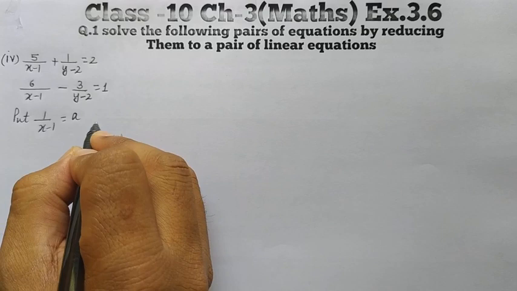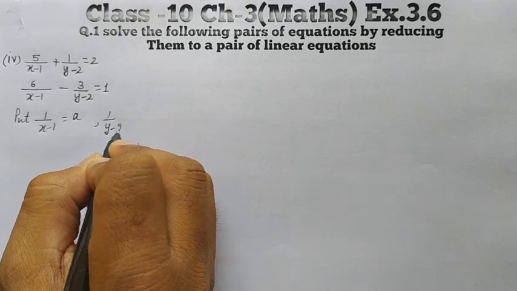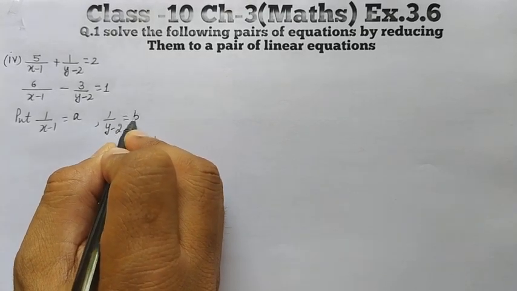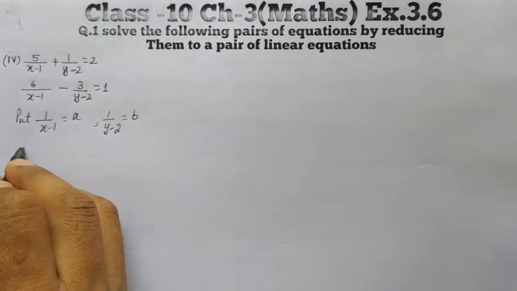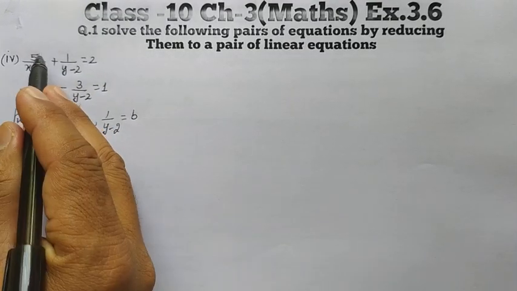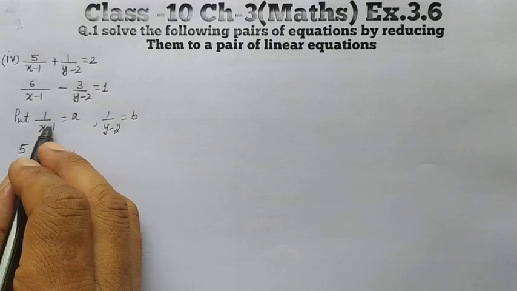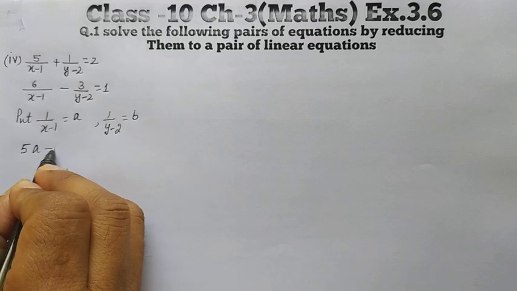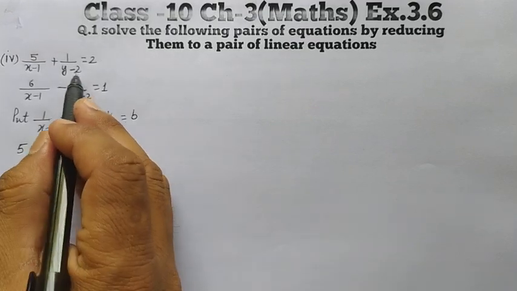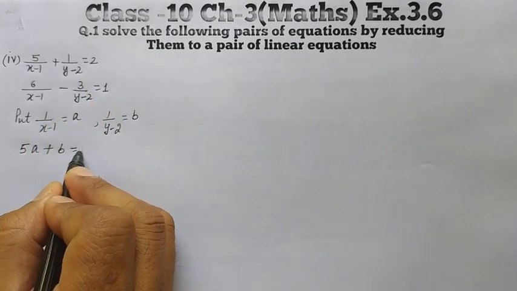is a, and 1 over y minus 2, suppose it is b, then what do we get from these two equations? The first equation will become 5 into 1 over x minus 1, that is 5a, since I have assumed 1 over x minus 1 as a, plus b is equal to 2.